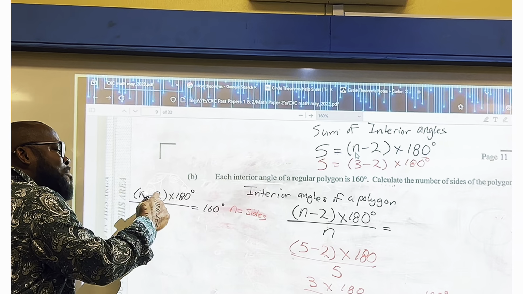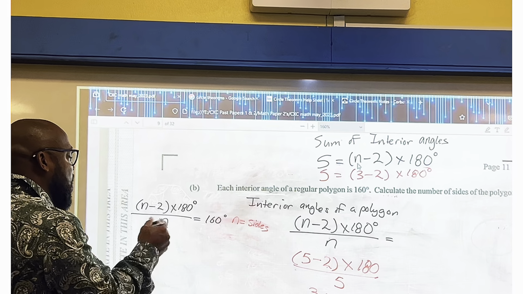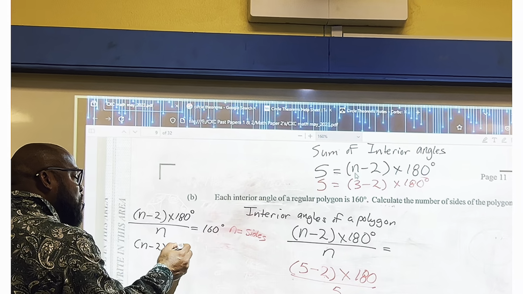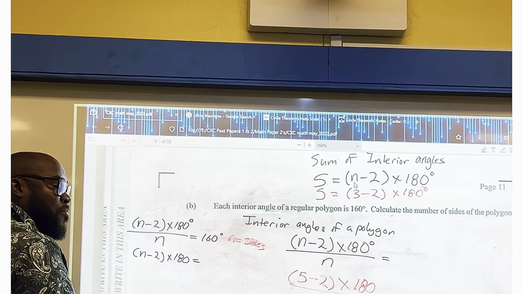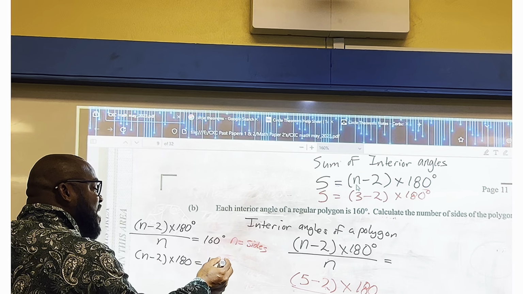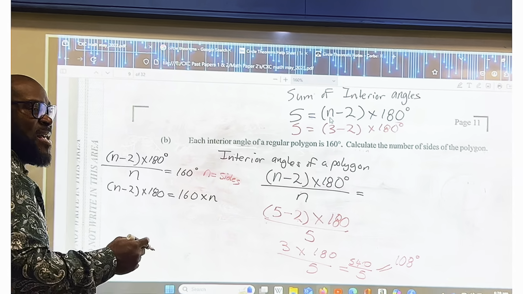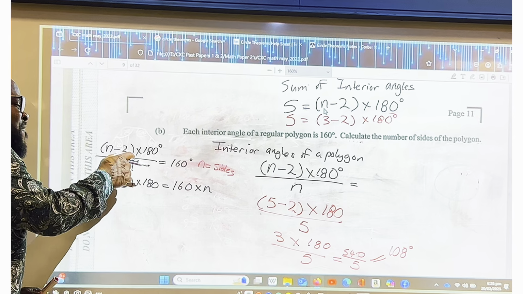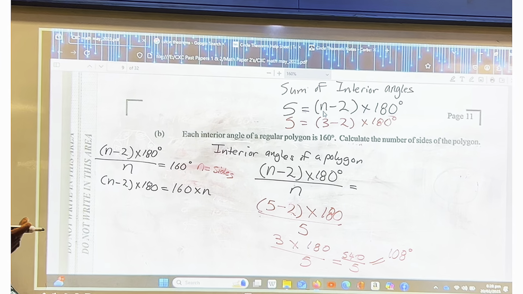We want n minus 2 in brackets and 180 on the left side by itself. So what are we going to do? 160 multiplied by n. Times n. You know this, 160n. You understand? Good. So the divide by n became times n on the other side. You see that? Yes. Good.